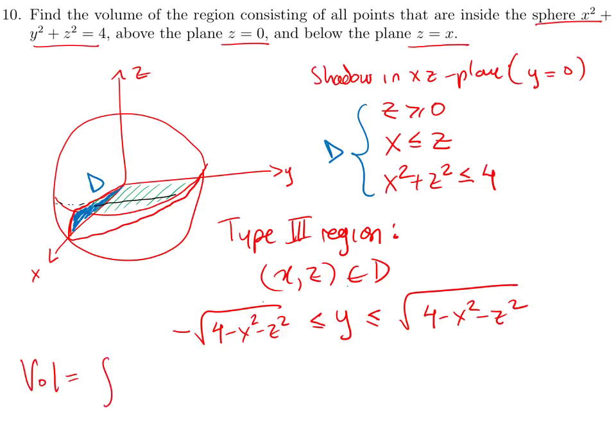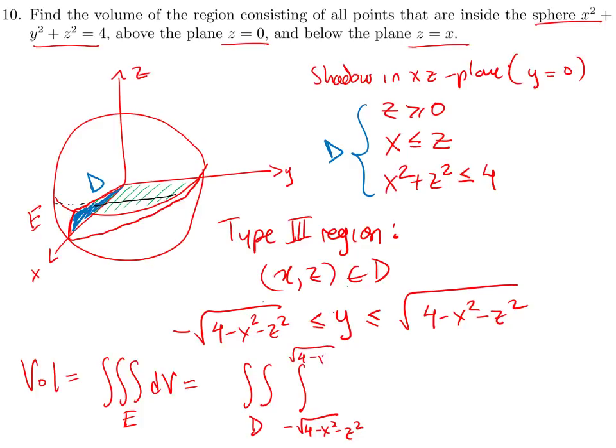Therefore, the volume, which is just the triple integral over this region E of dV, is just going to be the double integral over D of the single integral between the bottom limit for y and the upper limit, so minus square root of 4 minus x squared minus z squared, to square root of 4 minus x squared minus z squared, dy dz dx.